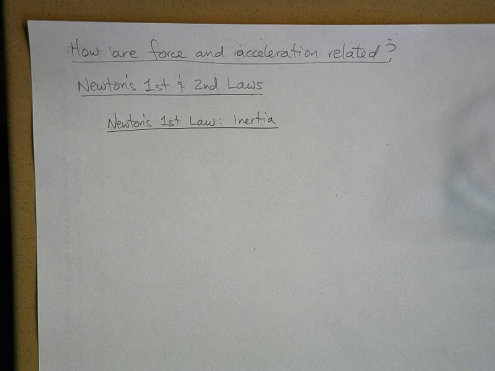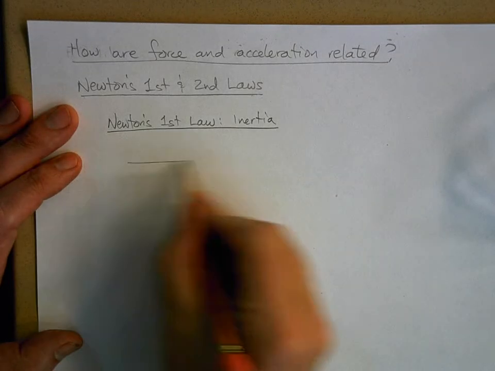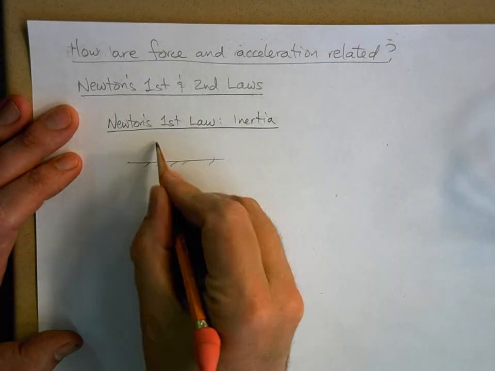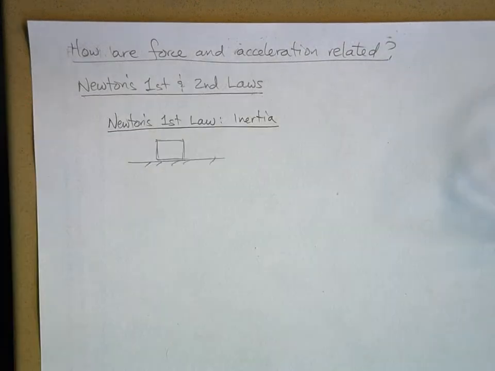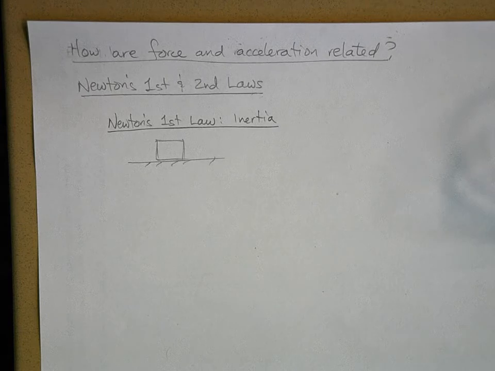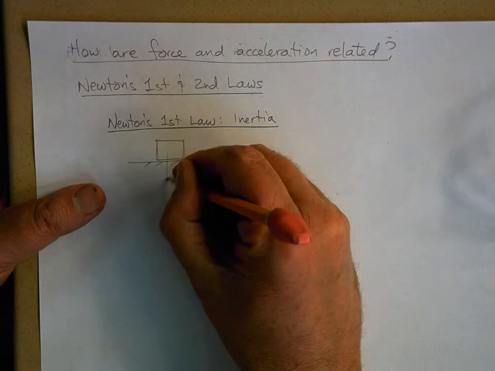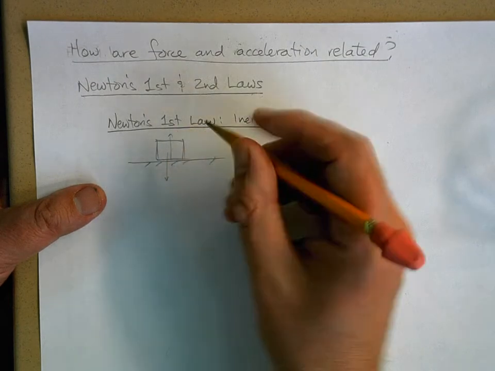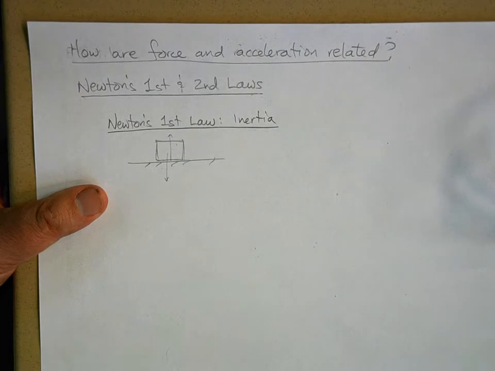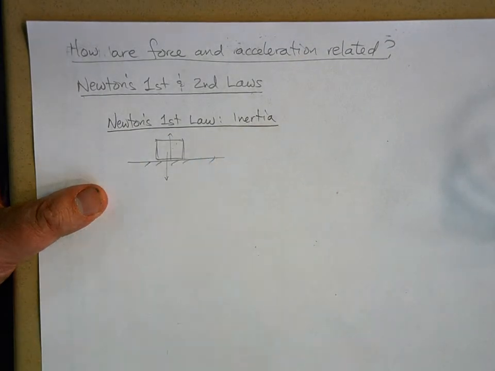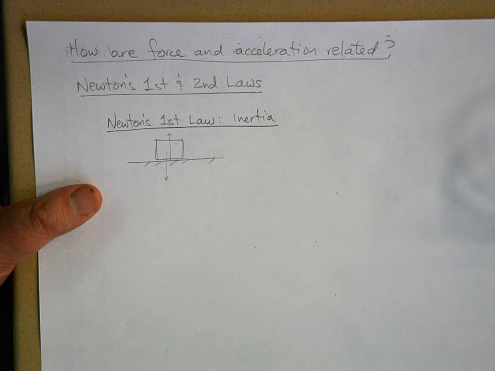If you have an object that's at rest, let's just say you put a box in the middle of the floor, it's just going to stay there. Now there are forces acting on it, right? Gravity's pulling it down and the floor is pushing up on it, but as we saw in the last assignment, these forces cancel each other out.